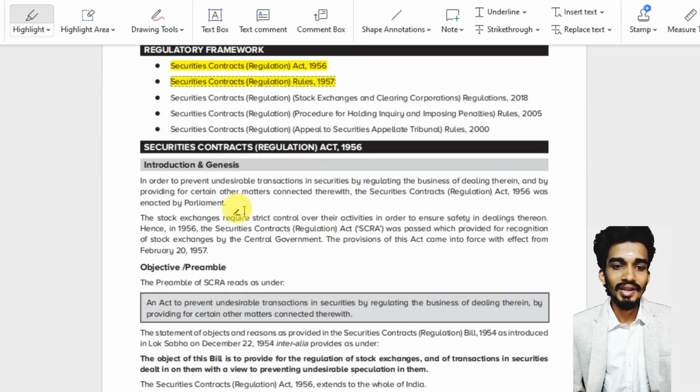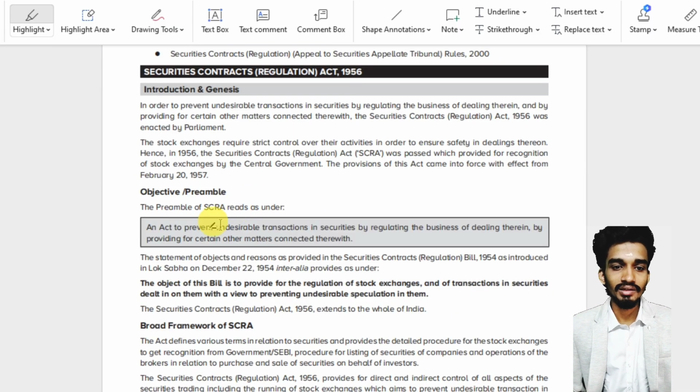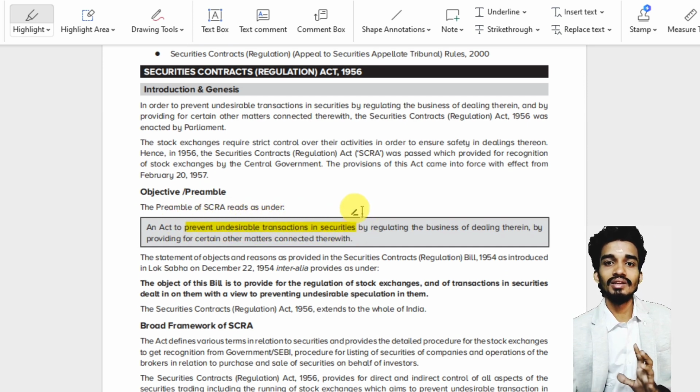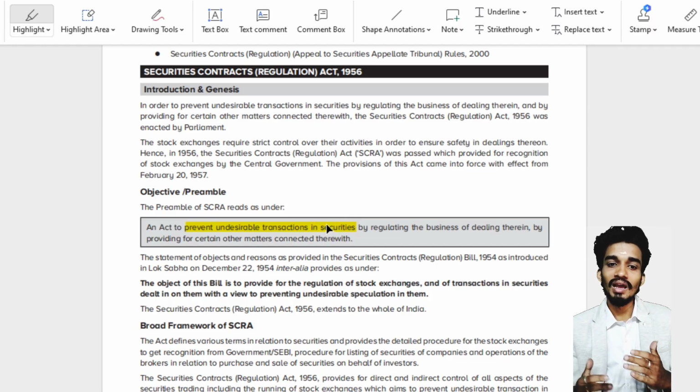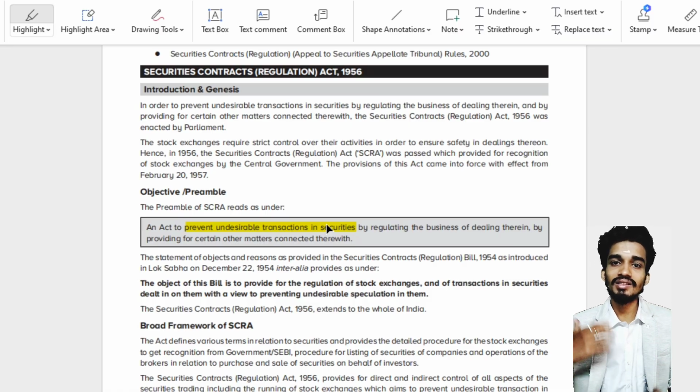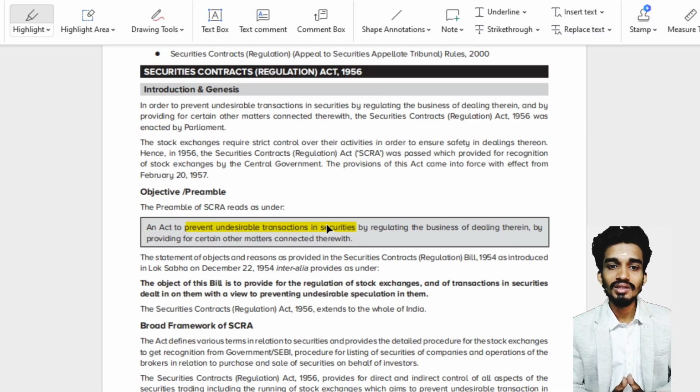Okay, so the main objective of this act itself is to prevent any undesirable transaction in securities. Whenever there is a security that has been listed on the stock exchanges, and whenever a transaction takes place in the securities, this act would apply, because they have to prevent any undesirable transactions in the securities.